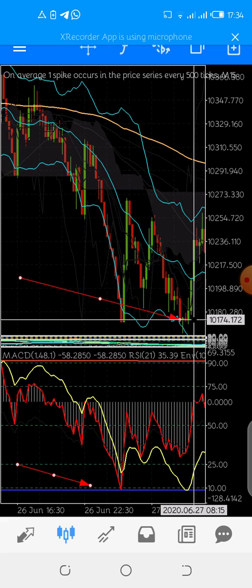So the MACD is giving you a divergence, moving average 5 is touching level 10, and on the main chart our candles are touching the lower Bollinger Band, which is acting as support and resistance, at exactly the other level where it had spiked last time. So that is another indicator that we will be heading on a downtrend.